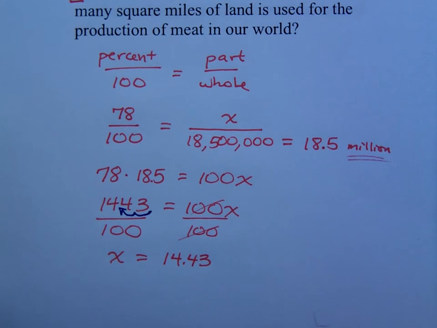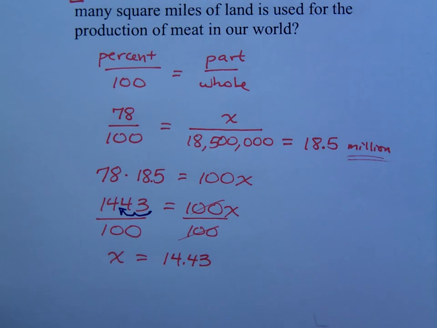How many square miles is used for the production of meat? Do you say that 14.43 square miles is used? You could round. Round down. It's just 14 square miles?